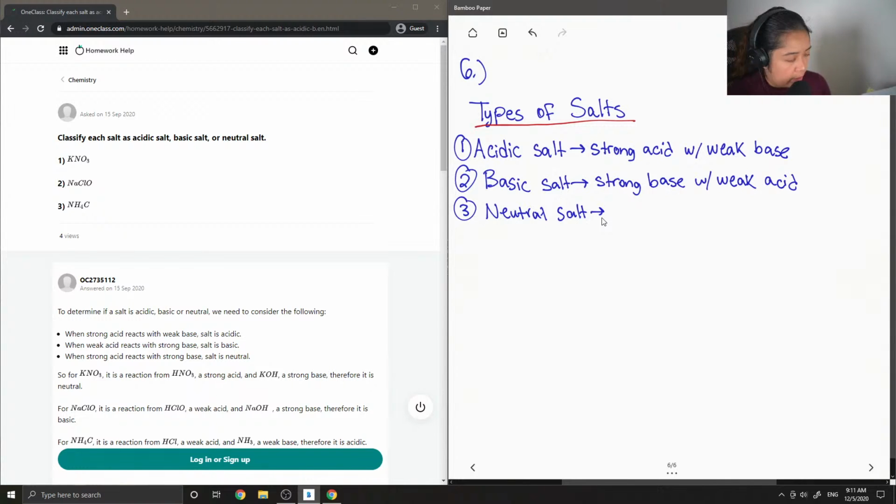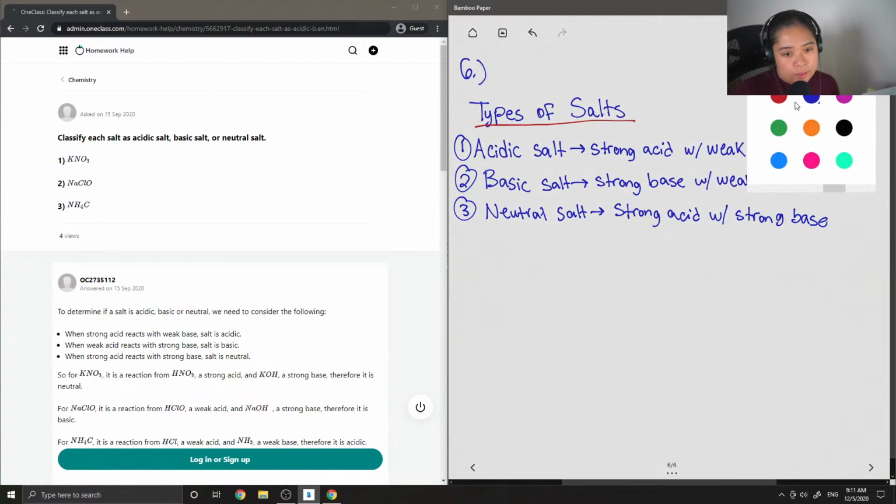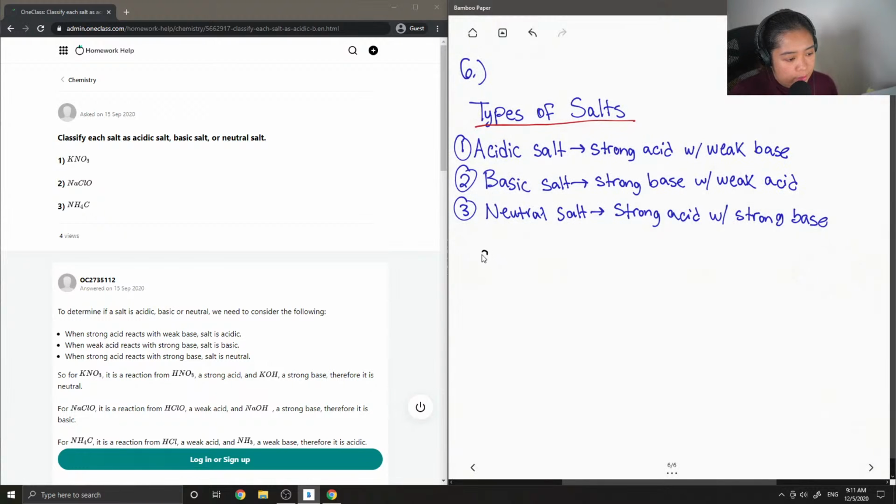And this is when a strong acid reacts with an also strong base. Okay, so let's look at all our different salts that they give us.